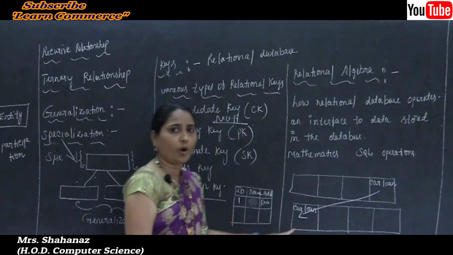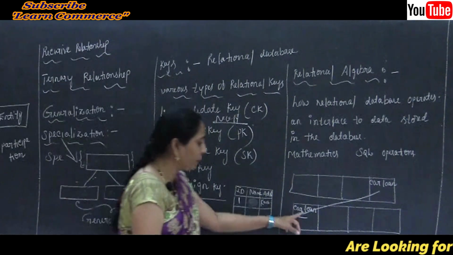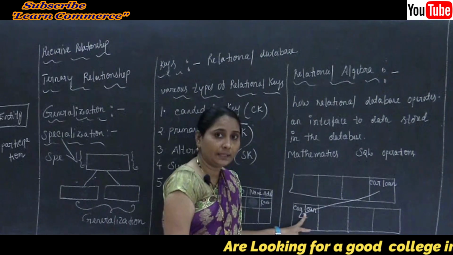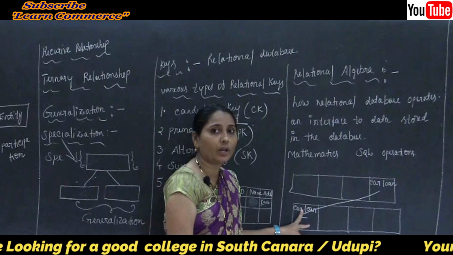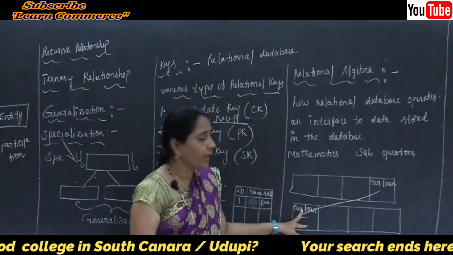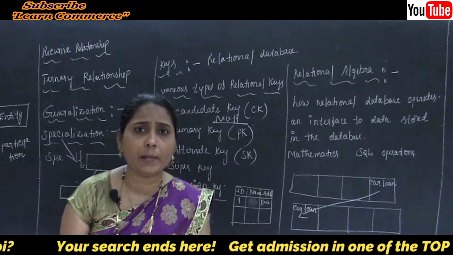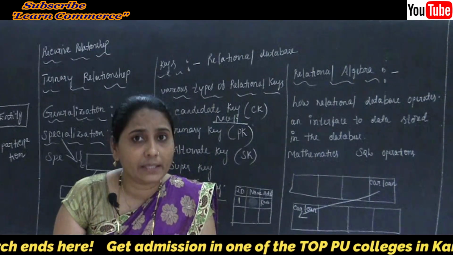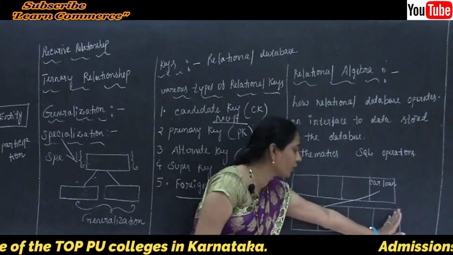So what's the meaning of the foreign key here? That means it matches the primary key column of another table. The primary key column means the first column of a table, okay. So that which matches the primary key column of another table is called the foreign key. It is not going to match the second column, third column, or fourth.